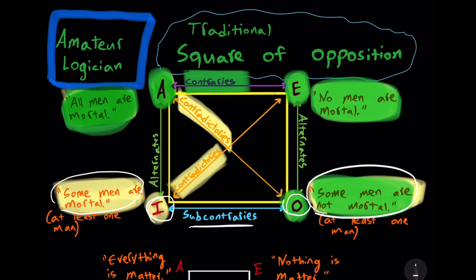If, for example, some men are not mortal is false, then some men are mortal must be true. Conversely, if some men are mortal is true, some men are not mortal is indeterminate. In other words, one being false guarantees the other one being true, but only knowing that one is true doesn't tell us the truth value of the other proposition, since both can be true.